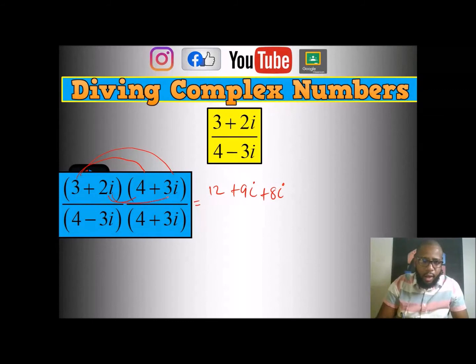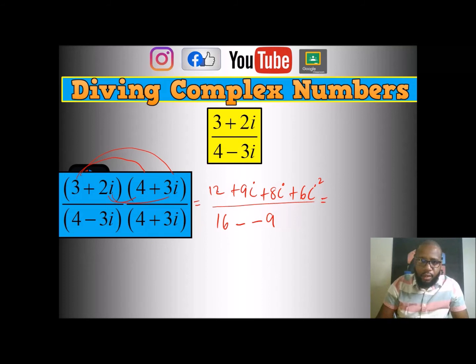And 2i times 3i, that's 6i squared. Now, for my denominator, remember, this is a difference of 2 squares. So that will be 16 minus negative 9.